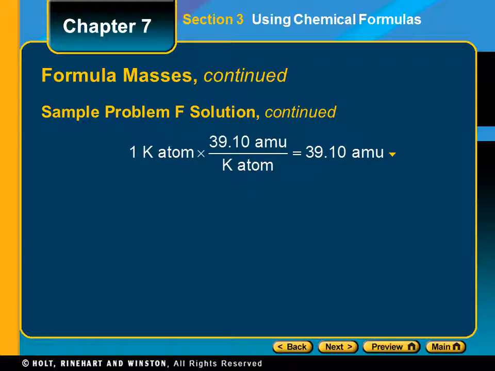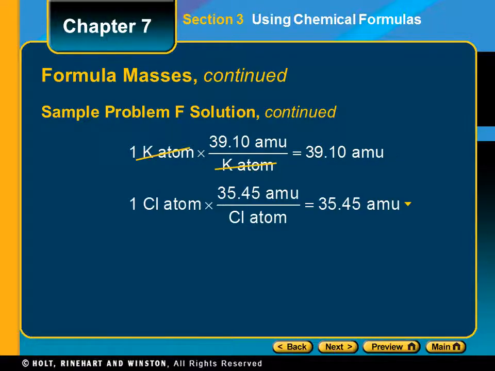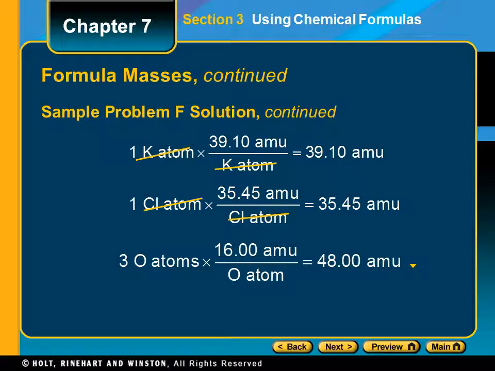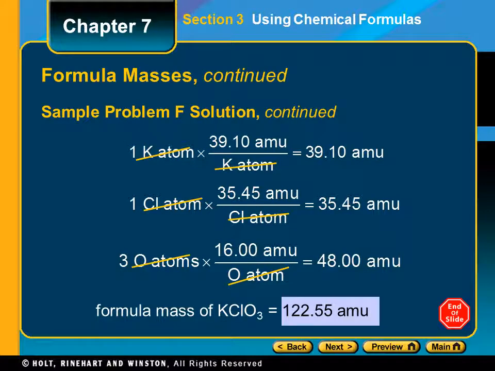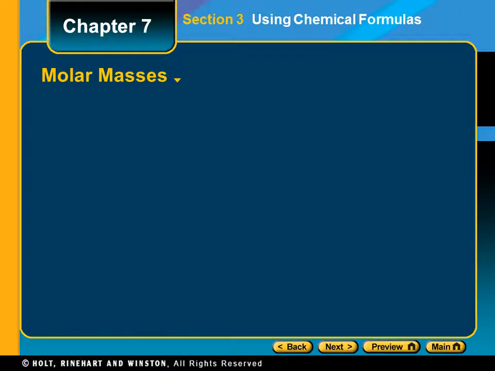So there is the atomic mass unit for potassium, atomic mass unit for chlorine, and atomic mass unit for 3 oxygens. So the formula mass of KClO3 is 122.55 AMU.